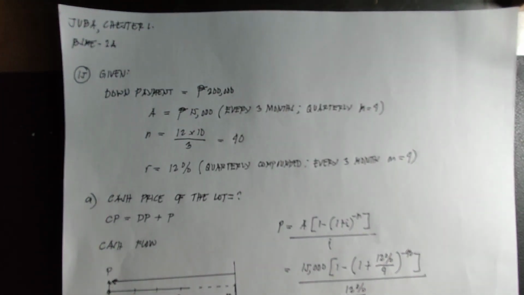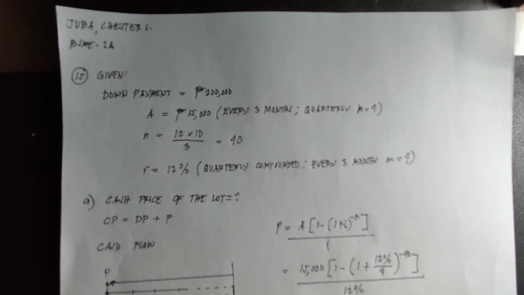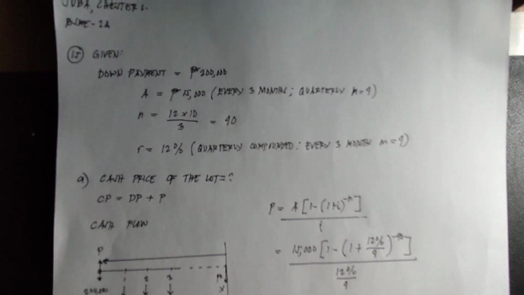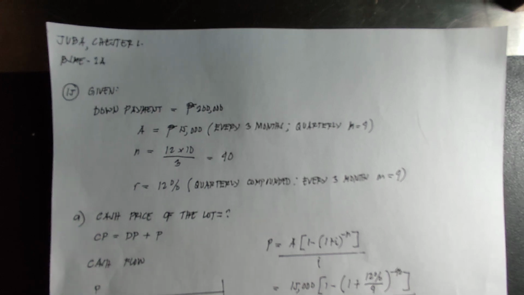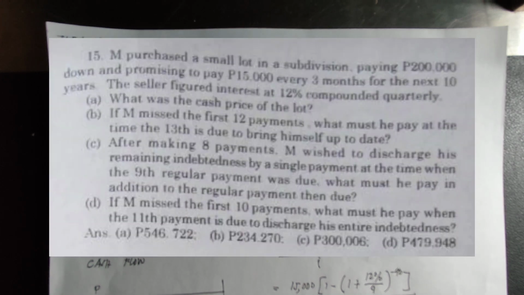So let's go now to number 15. M purchased a small lot in a subdivision, paying 200,000 pesos down and promising to pay 15,000 every 3 months for the next 10 years.